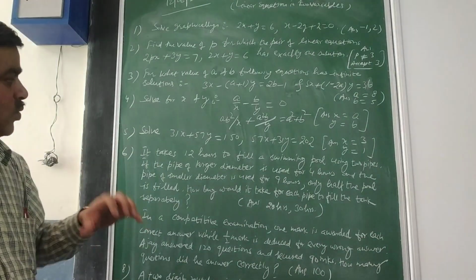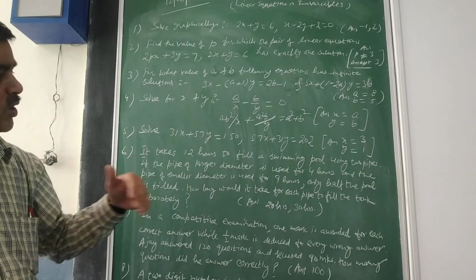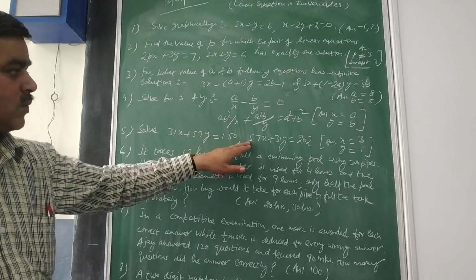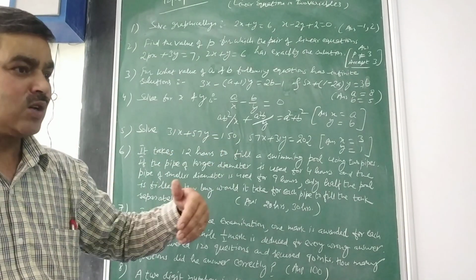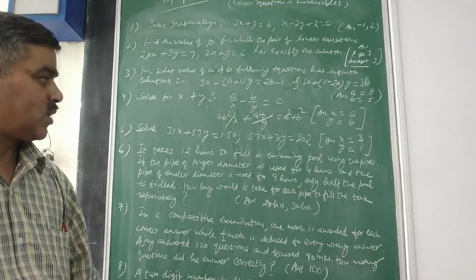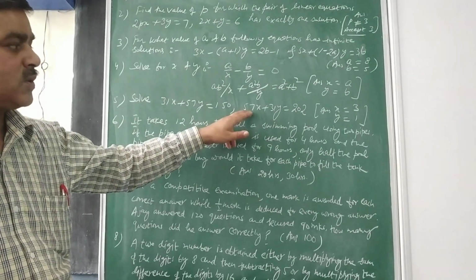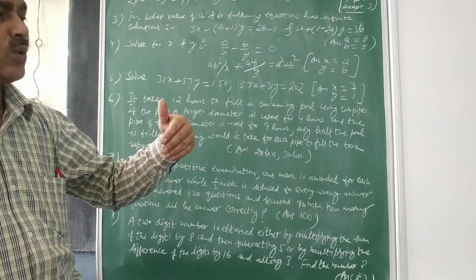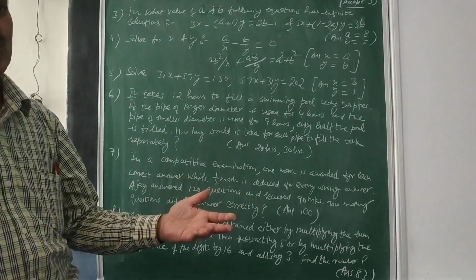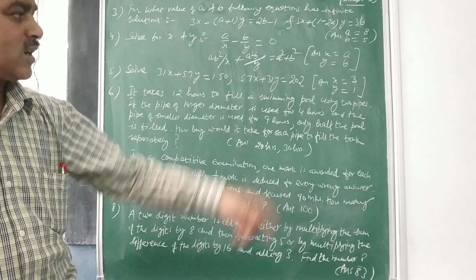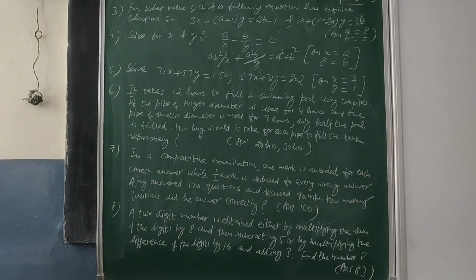Add the two equations, take common factors and reduce to lowest terms, and call it number 1. Then take the difference of the two equations, reduce to lowest terms and call it number 2. Directly your answer will be there in terms of x and y, and you can see that the answer is x equal to 3 and y equal to 1.